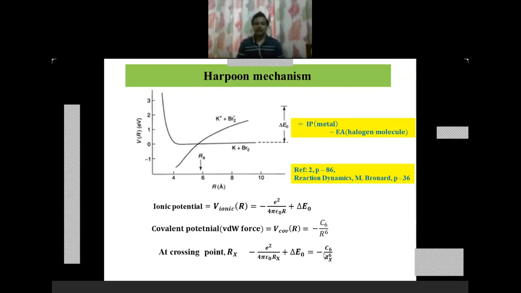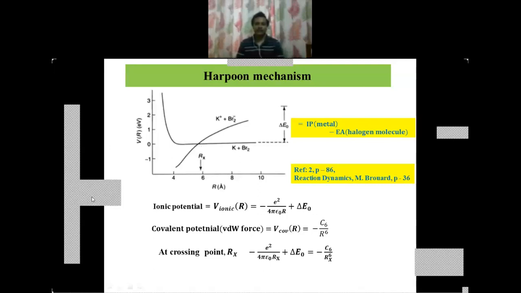This value on the right hand side is very small in the asymptotic region and coming closer, even at the crossing point. So we can neglect that part with respect to this, which means we can equate this to 0 on the right hand side. From this relation we can get the approximate Rx value.